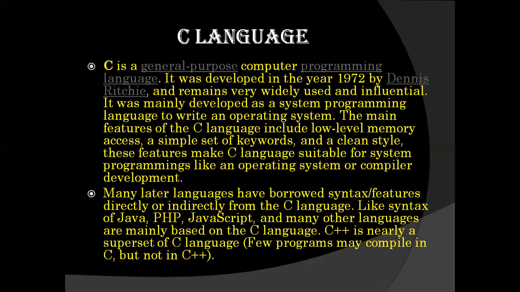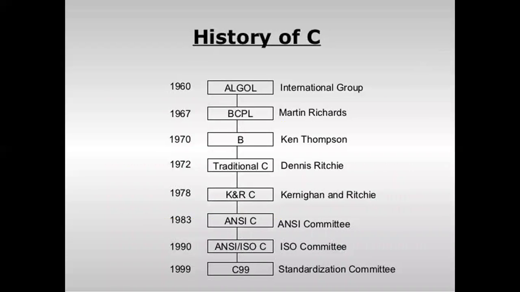Let's get to our next topic. Let us know what is the history of C. How did C come into the world? From where was it invented and how was it invented? So this is how it got developed.